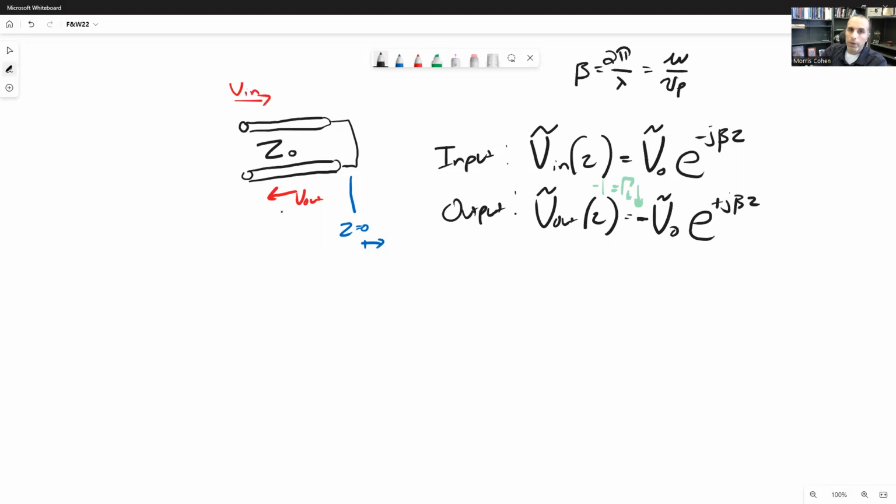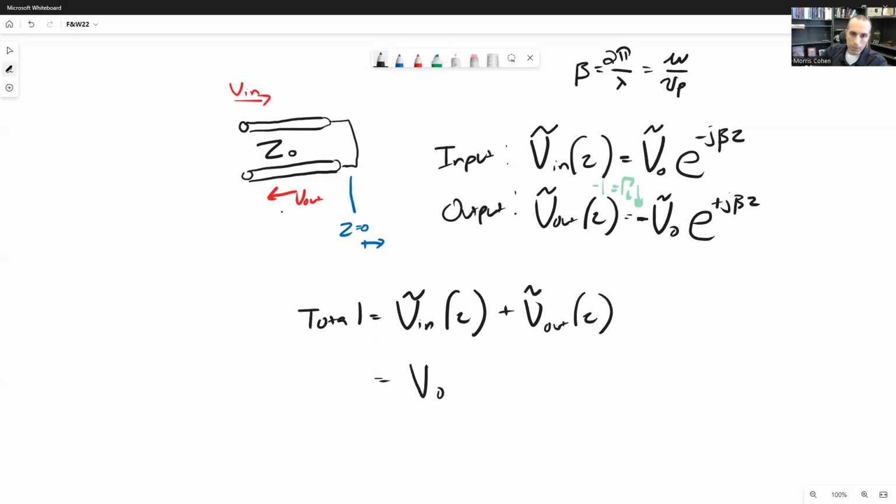And the total wave, therefore, is just going to be the sum of the input and the output, which works out to be V0 times e to the minus j beta z minus e to the positive j beta z.